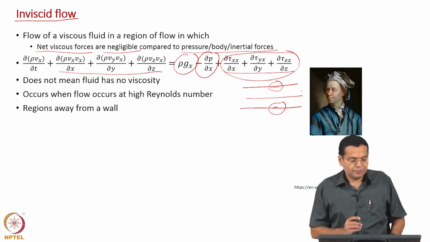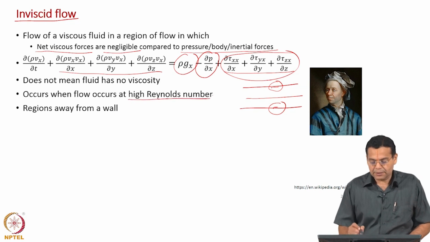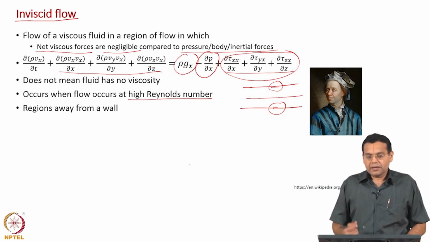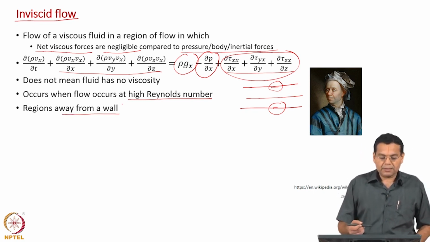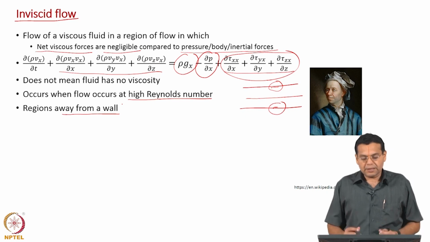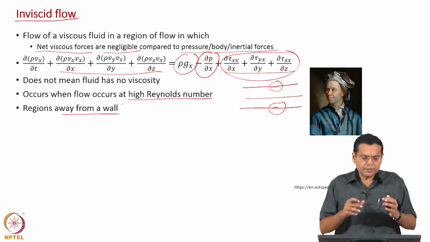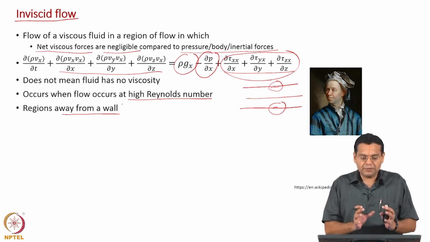Okay. So, when does inviscid flow occur? First condition is high Reynolds number. Second condition is the region should be away from the wall. Okay. That is why in regions away from the wall at high Reynolds number you have inviscid flow. That is why we discussed about the flow regime, so that we understand the scope of the present discussion, or scope of inviscid flow.